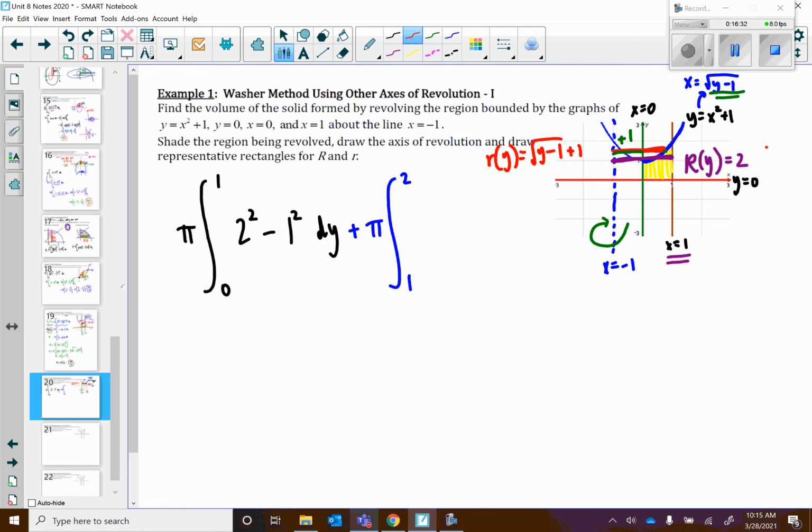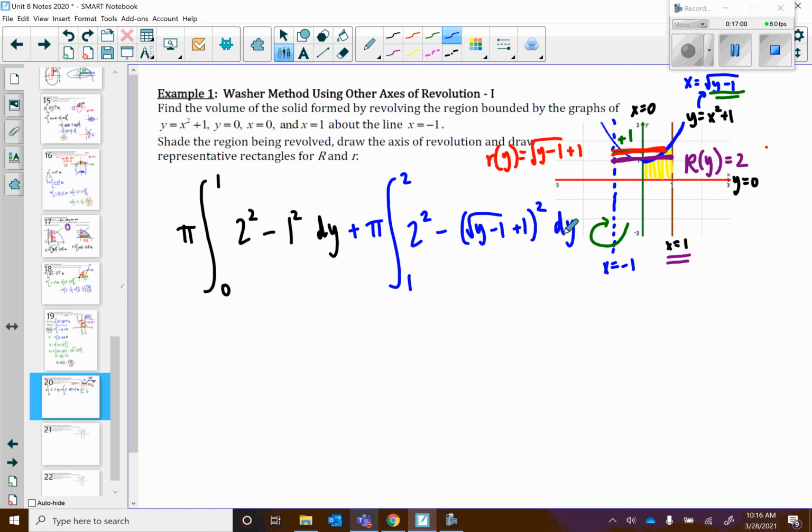It's whatever this distance is plus this distance of 1. All right, that helps us then, because the volume of this region from 1 to 2 then is big radius squared, 2 squared, minus little radius squared, minus the square root of y minus 1 plus 1 quantity squared, and of course this is all with respect to y.